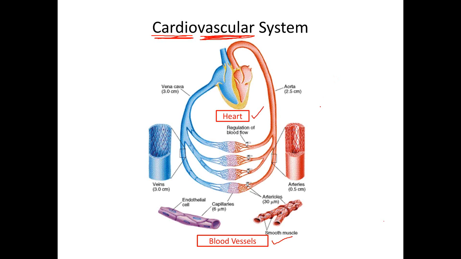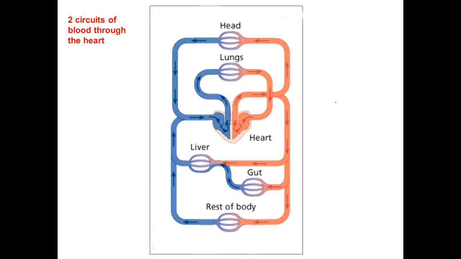But first of all, I want to talk about the cardiovascular system as a whole, and the concept that the cardiovascular system consists of two separate circuits. So blood is pumped around the body by the heart, but the heart pumps the body in two loops.